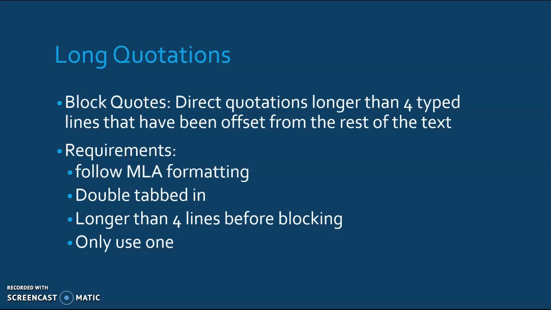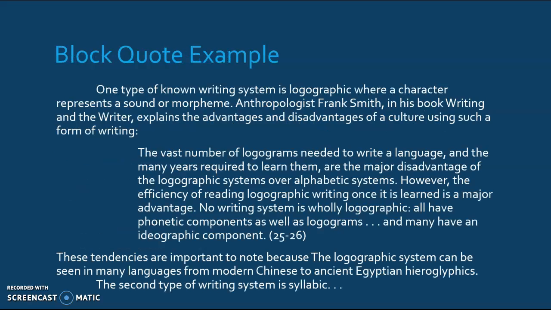The whole thing is double tabbed in. It is 4 typed lines on the screen before you block it, and you can only have one in your essay. And I want to reiterate that only one block quotation can be used in your research paper. This is an example. You can pause the screen if you want to. There's another example in your textbook that I will have in the module as well.